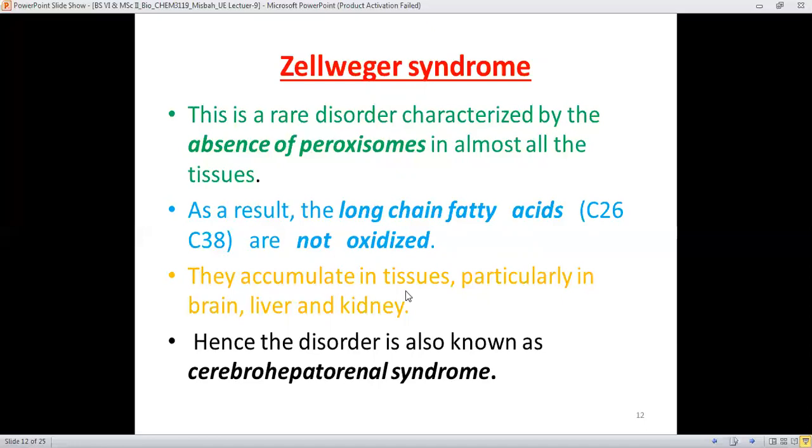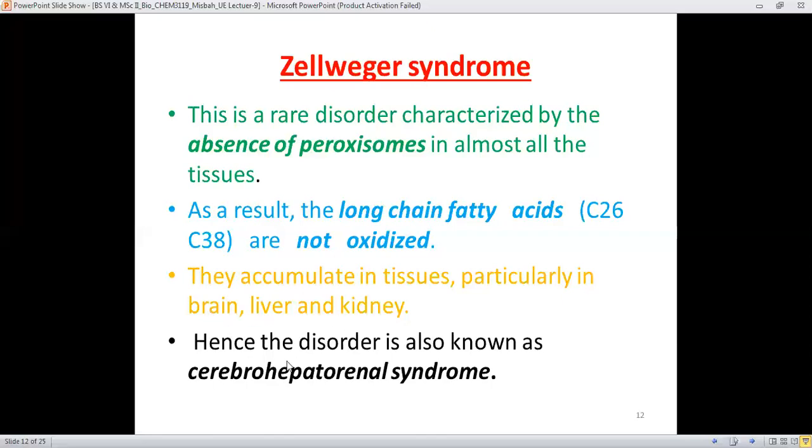Therefore, they accumulate in the tissues, particularly in the brain, liver, and the kidney. Hence, the disorder mainly relates to these tissues.